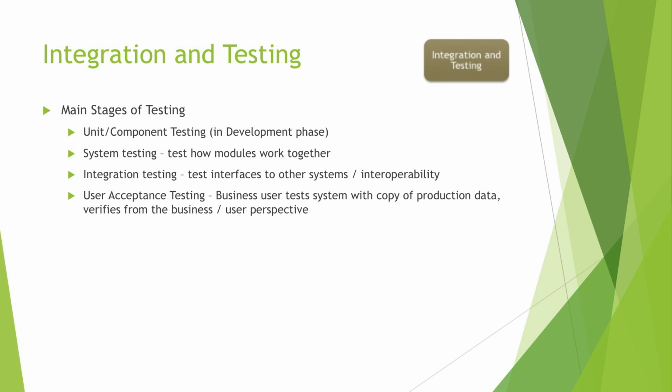Once system testing is successful, you will also do integration testing. This is where you test interfaces to your other systems or your interoperability. And then you do user acceptance testing. In user acceptance testing, it's a little different in that rather than having people do the testing who are testing experts or who are developers, you will actually use your business users or your end users.